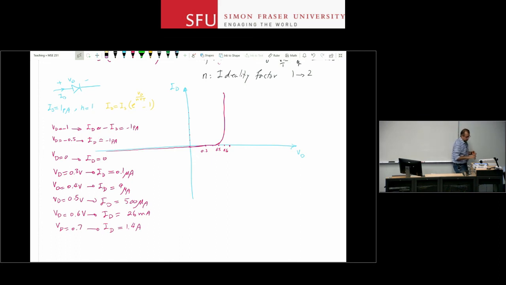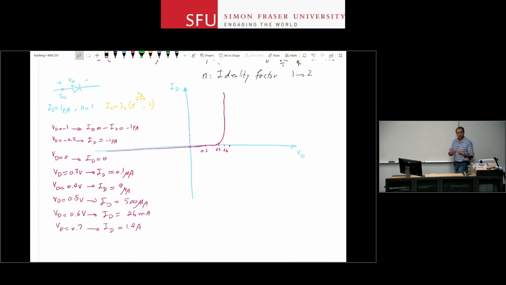So this diode, this PN junction, is behaving interestingly. It looks like once it is on, once you start to conduct current through it, almost any current can go through it without too much change in voltage. And when it is off, when the voltage across it is negative, there's almost no current through it.